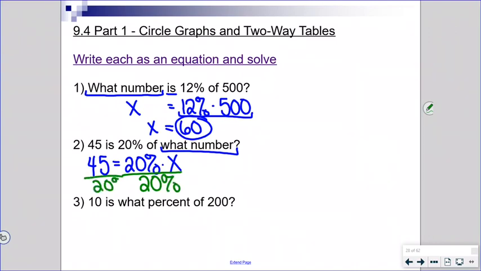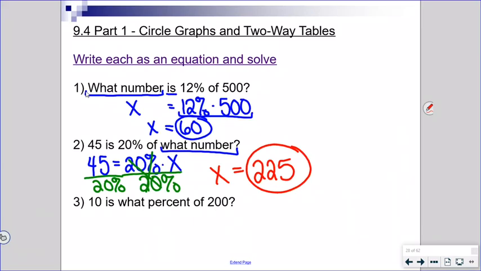Divide both sides by 20%. That crosses out. Let me move x to the left. If you do the math, 45 divided by 20% is going to end up being 225. Again, I'm only circling 225 because x isn't in the original problem.